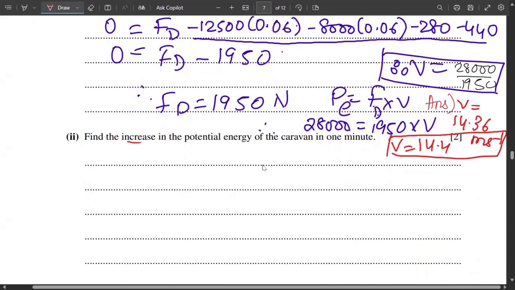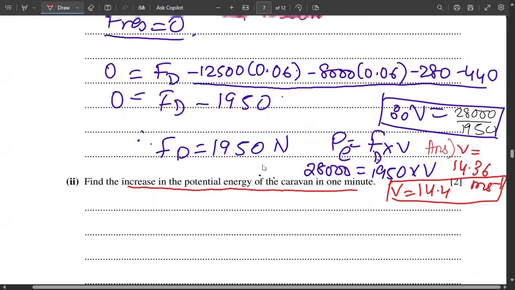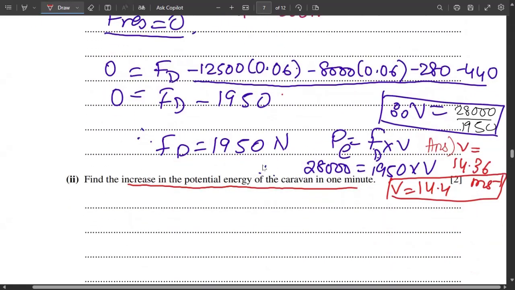Find the increase in potential energy of the caravan in 1 minute. We know that the car will travel at a constant velocity of 14.4 meter per second. In 1 minute, there are 60 seconds.